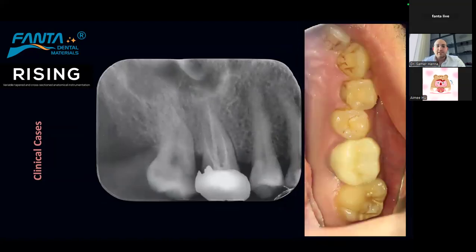Another case, we can see this second molar again, upper right second molar. We can see that it has curvature in the root. You can see that the whole root is going into distal curvature. So we wanted to have a good file system that can allow management of such anatomy.